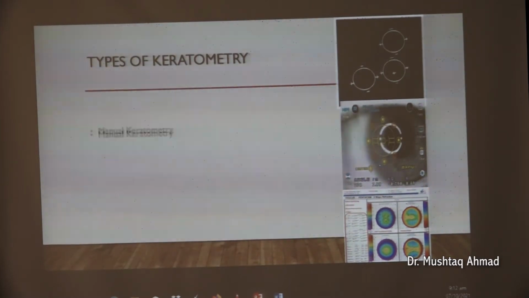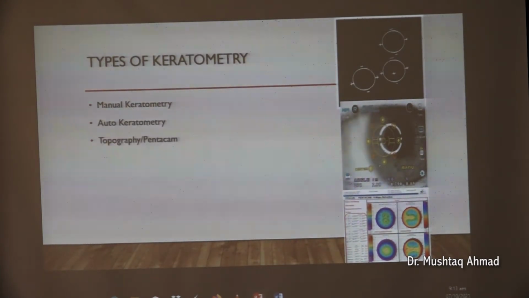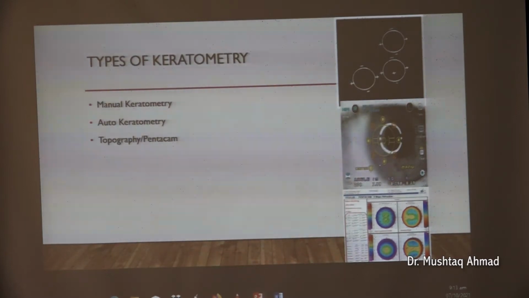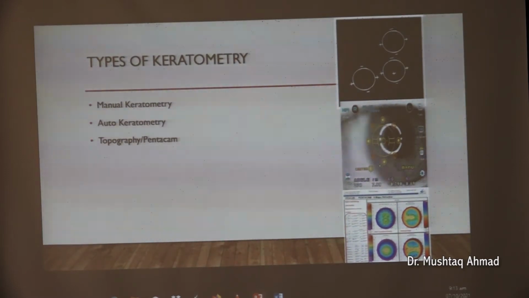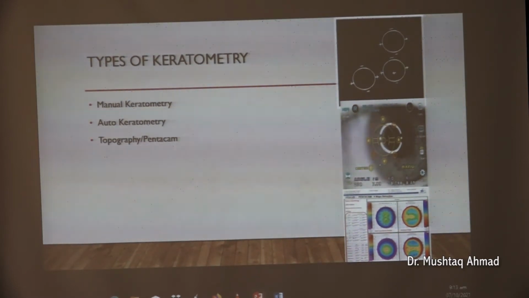For keratometry, there are 3 types we use: manual keratometry, which is shown in the diagram, autokeratometry, and topography or Pentacam, which gives the average K reading. Nowadays, if you are planning for a multifocal or toric IOL, I think Pentacam or topography keratometry is the best option.